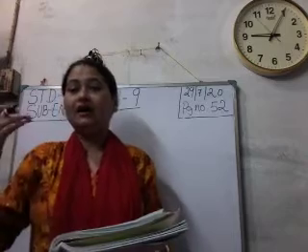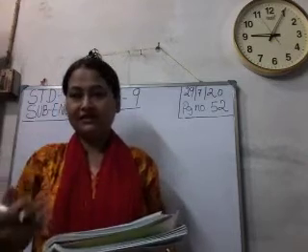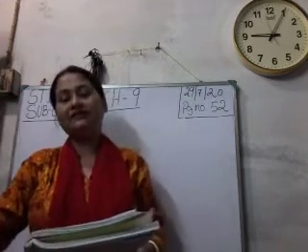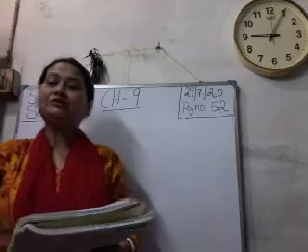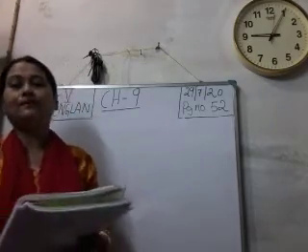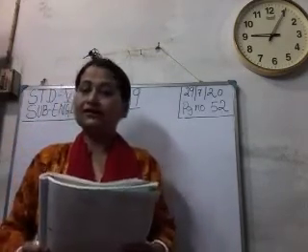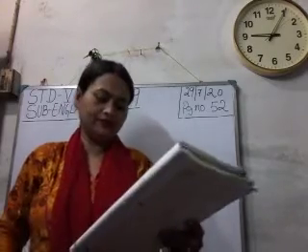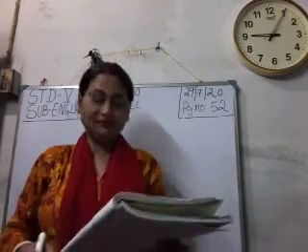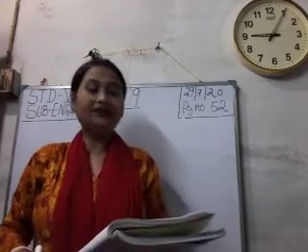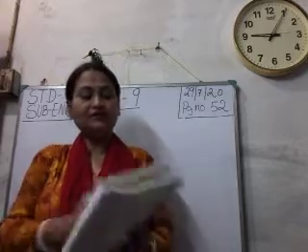Positive is already there, we have to form the superlative and the comparative. Some points are to be kept in mind when we form the degrees of comparison. Point number 4, which was given on page number 52, is completed.